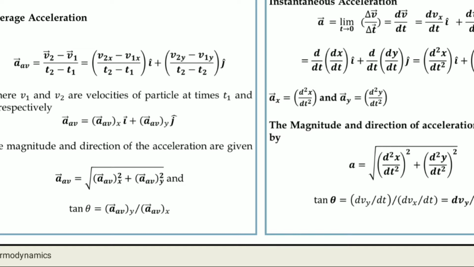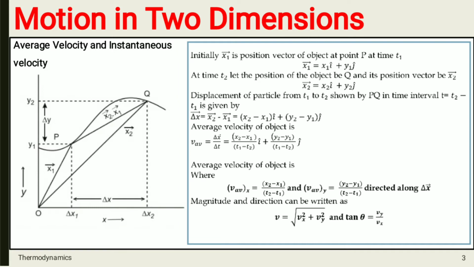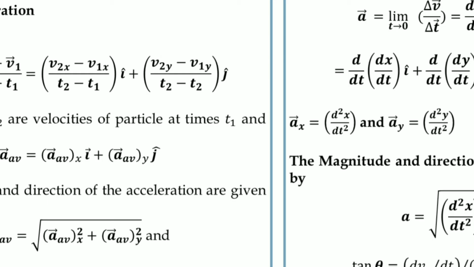So we can consider acceleration in both planes, just like in this figure. As this motion is in 2 dimensions, we can consider its 2 coordinates, x and y. So we are considering velocity along the x direction and velocity along the y direction: v2x minus v1x divided by t2 minus t1 i cap.